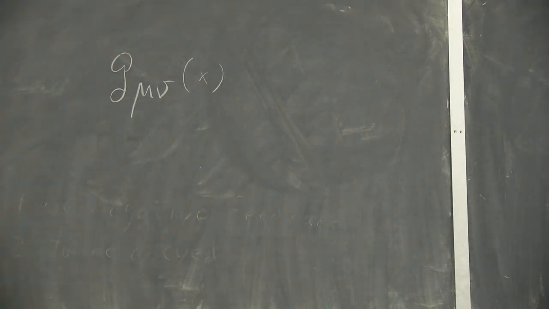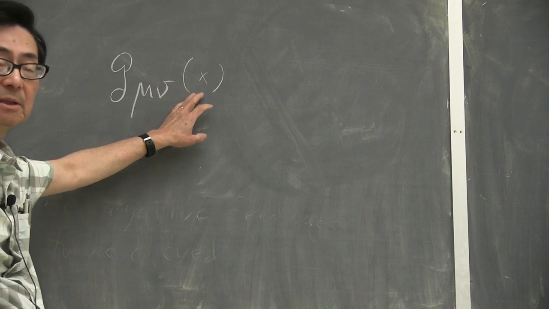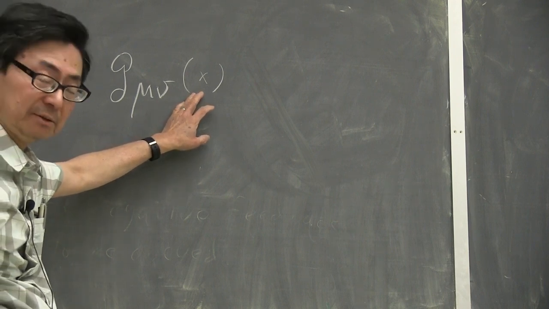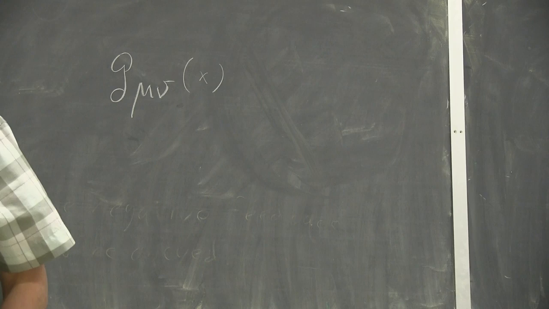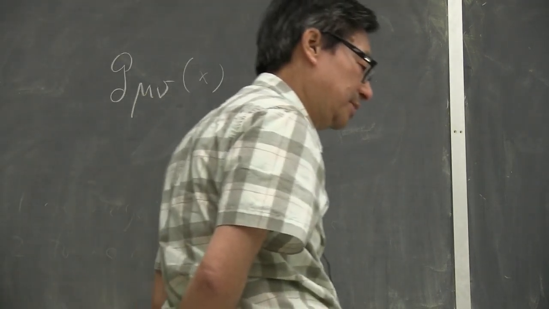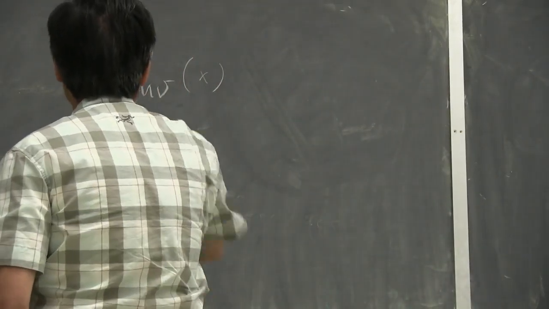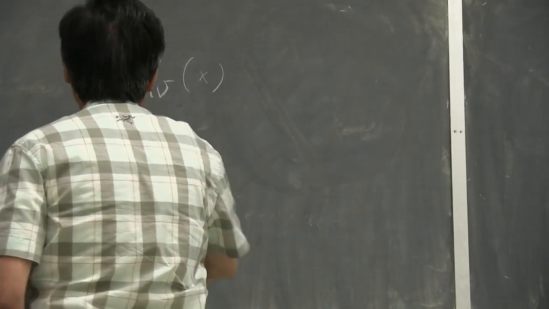But in general relativity, the thing which distinguishes it from special relativity is that the G mu nu becomes a position-dependent tensor. In other words, a tensor field instead of a fixed tensor. Okay? So let's start off with the Minkowski situation. And you recall that we usually write it as eta mu nu.